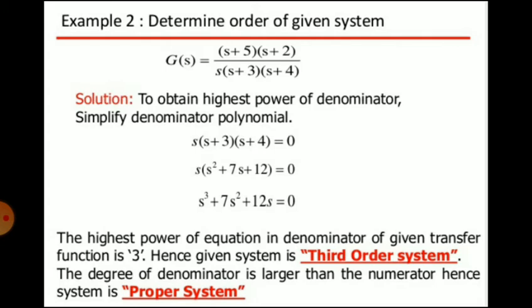After simplifying you will get s^3 + 7s^2 + 12s = 0. So the highest power in the denominator of the given transfer function is 3. Hence the given system is a third order system. And the degree of the denominator is larger than the numerator, hence the system is a proper system.